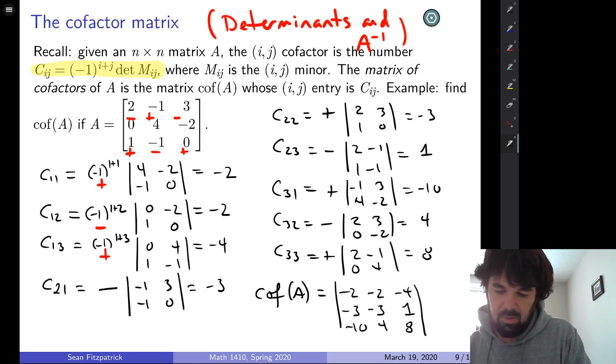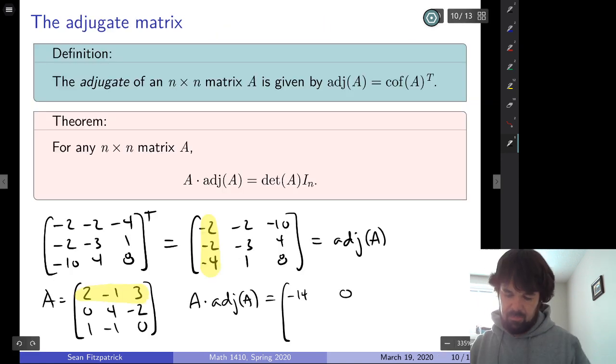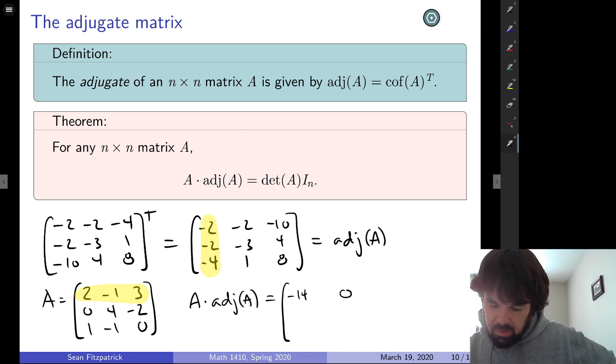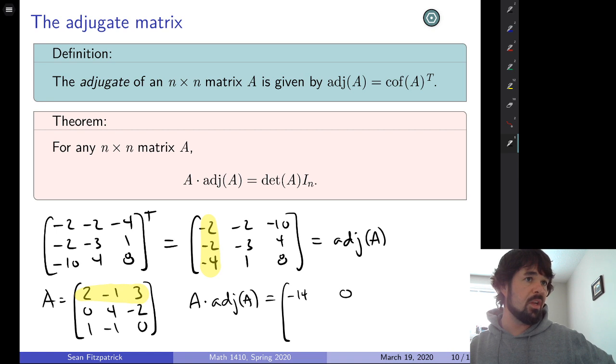Should be minus 3, 2, 3. Minus 2, plus 1. Minus 1. Seems okay. I've done something wrong and I can't find it, but you know what? We're running out of time.